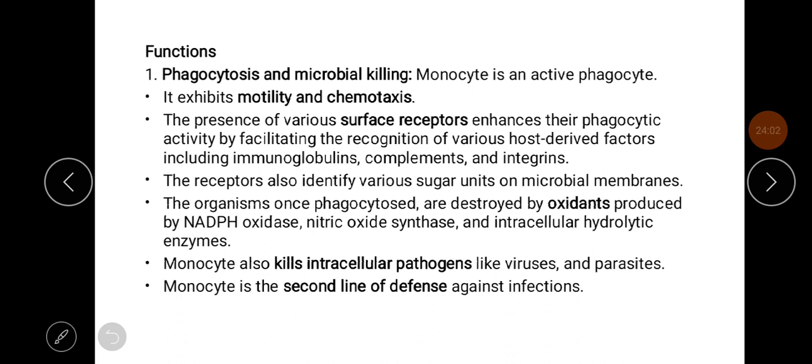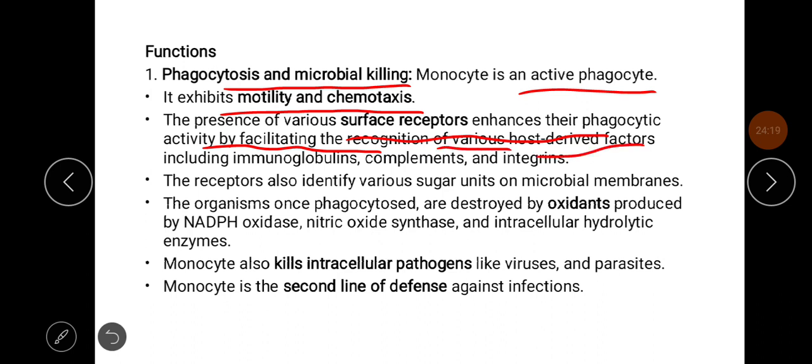The functions are phagocytosis and microbial killing. Monocyte is an active phagocyte that exhibits motility and chemotaxis. The presence of various surface receptors enhances their phagocytic activity by facilitating the recognition of various host-derived factors including immunoglobulins, complements, and integrins. The receptors also identify various sugar units on the microbial membranes.